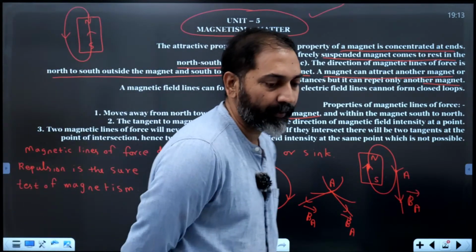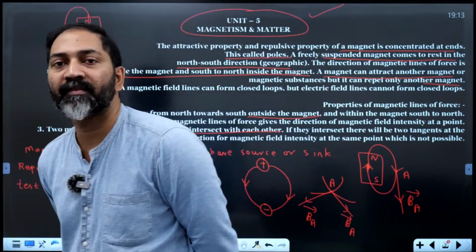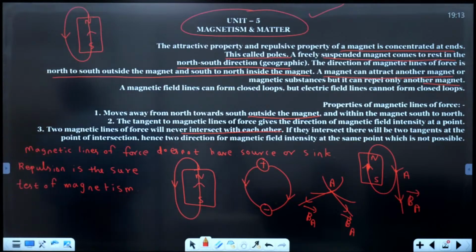The attractive property and repulsive property of a magnet is concentrated at ends called poles.